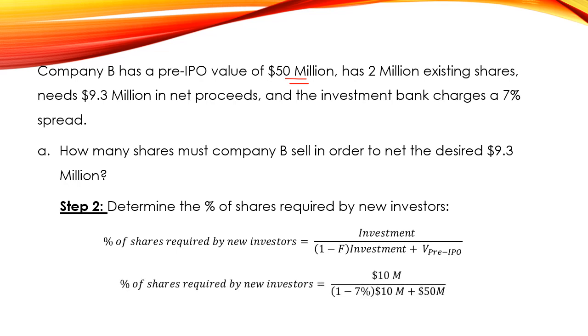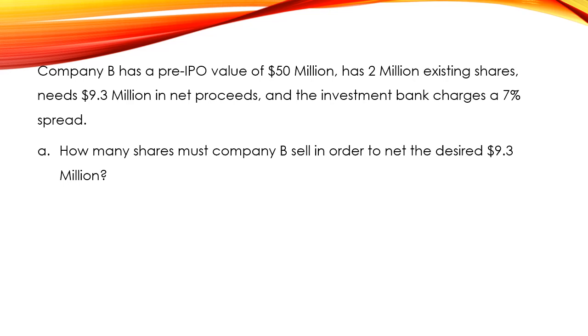As a result, 10 million divided by (1 minus the 7% F, or spread) times the 10 million plus the $50 million. So the percentage of shares required by new investors is equal to 16.86%.